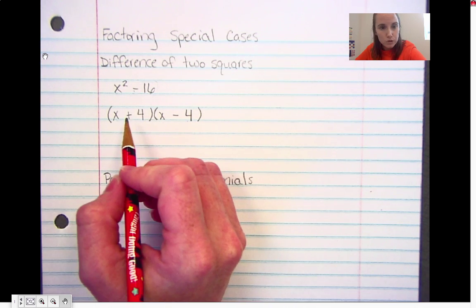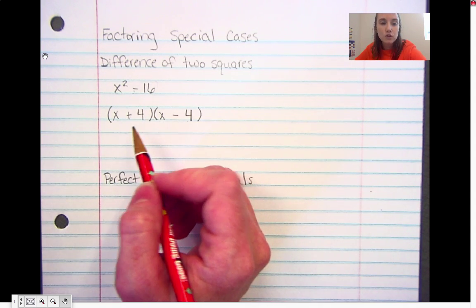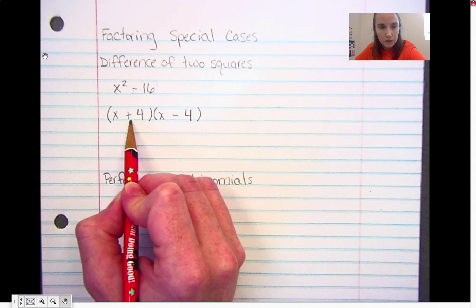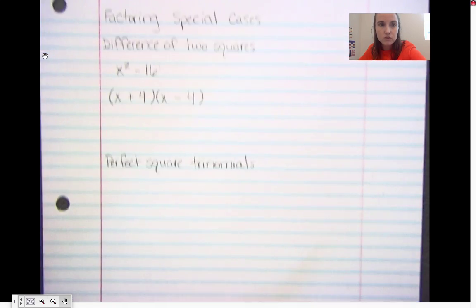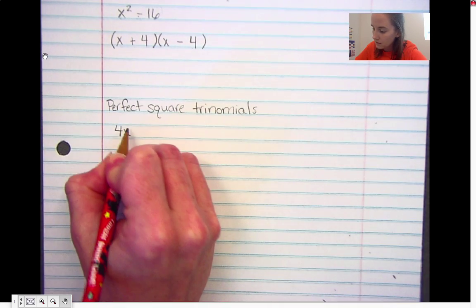So, a difference of two squares, you have two perfect squares and a subtraction sign, and then you just need to take the square root of both terms, and remember one will be positive and one will be negative. Now, a perfect square trinomial, let me write down a problem, 4x squared.